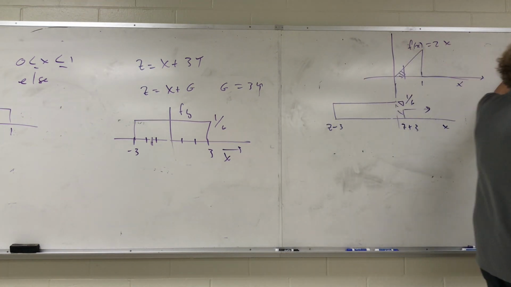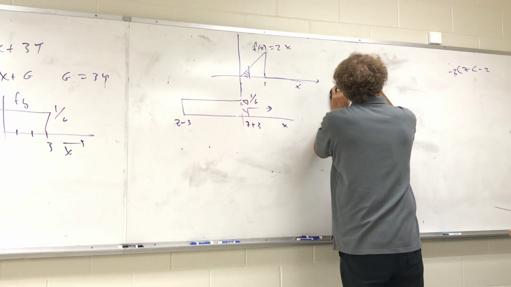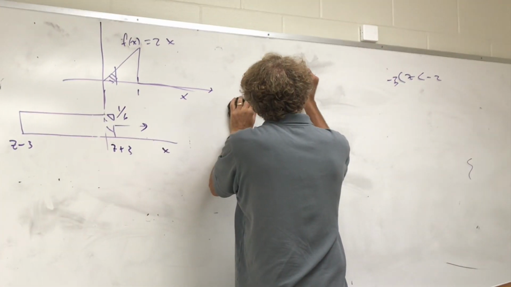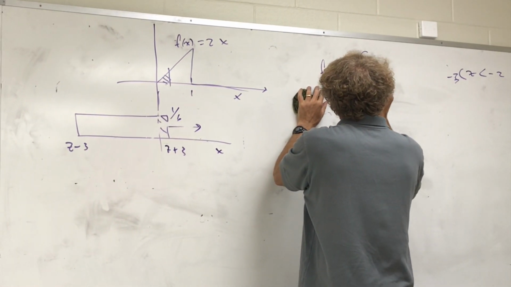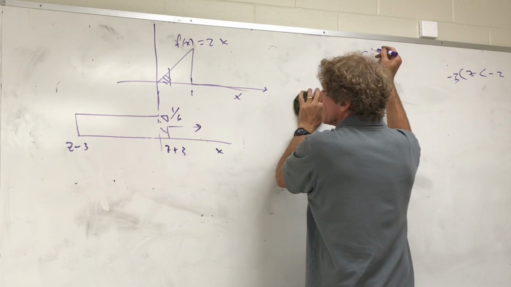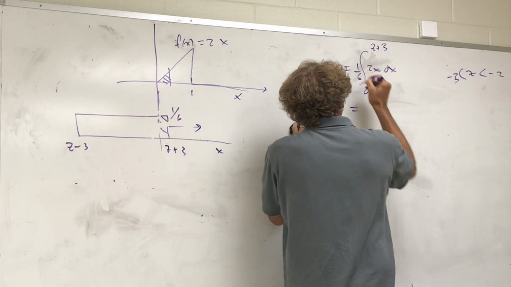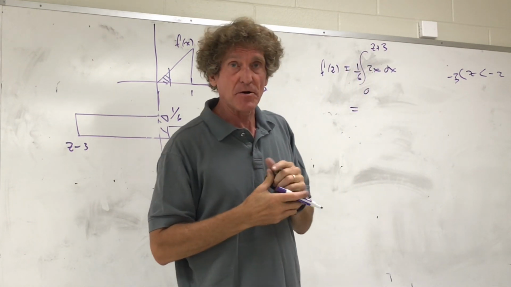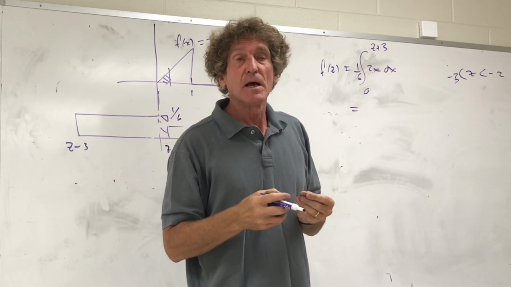So for z greater than -3 and less than -2, I get my f of z equal to this function. You can integrate x. It's going to be from 0, 2x dx, and the upper limit is z plus 3. And there's going to be a 1/6 here too, because that's the weight on the curve. It's the height of the curve. And you're going from 0 to z plus 3 because that's what you have.